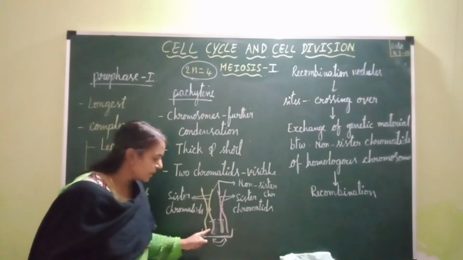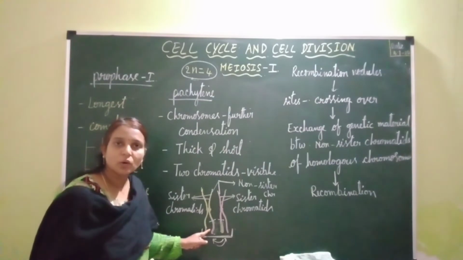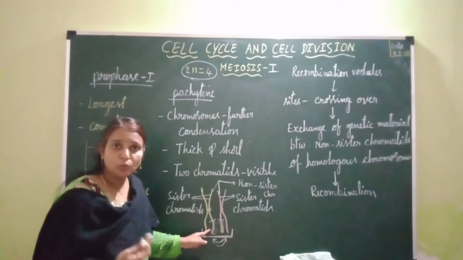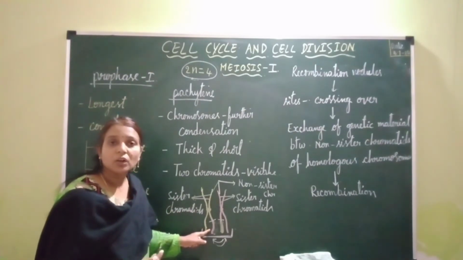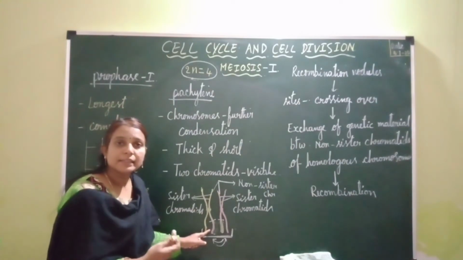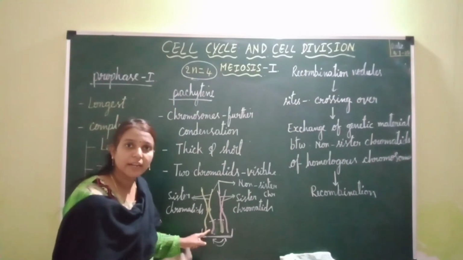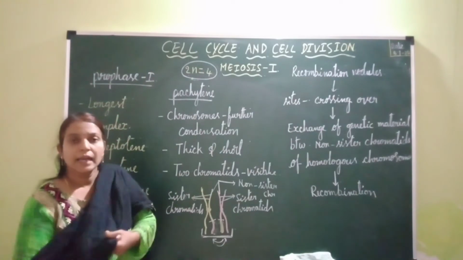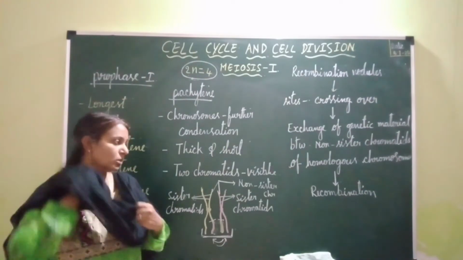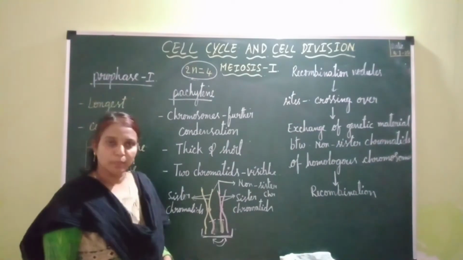There is new combination of genes, that is recombination of genes. This results in the formation of new combination of traits or recombination of traits. Hence, this process of crossing over is also called recombination.